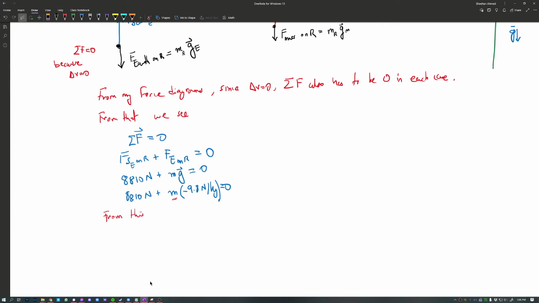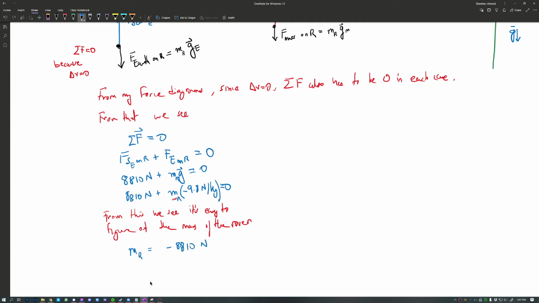From this, we see it's easy to figure out the mass of the rover. Well, let's do this. Mass of the rover is equal to minus 8810 newtons.